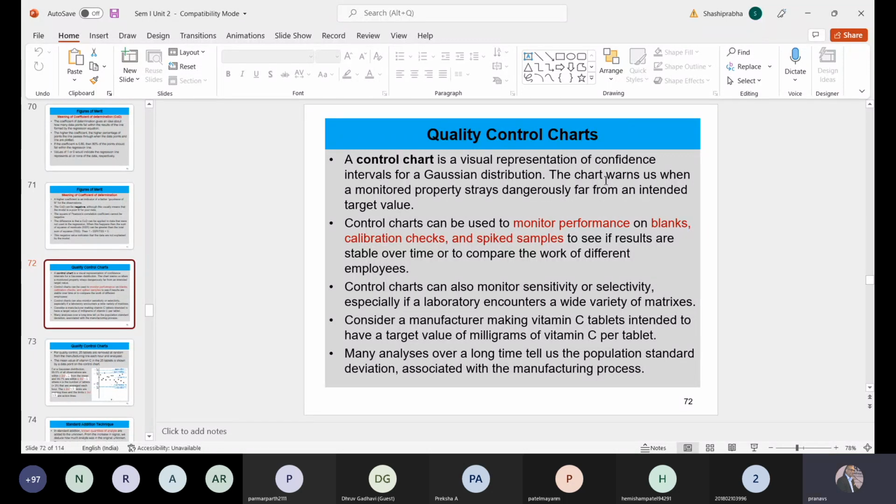When we say QC samples, see, a calibration line will have at least 6 points, we know. Now, what is quality control? Quality control samples are those selected points in a calibration line, which may not be the same as the calibration points.